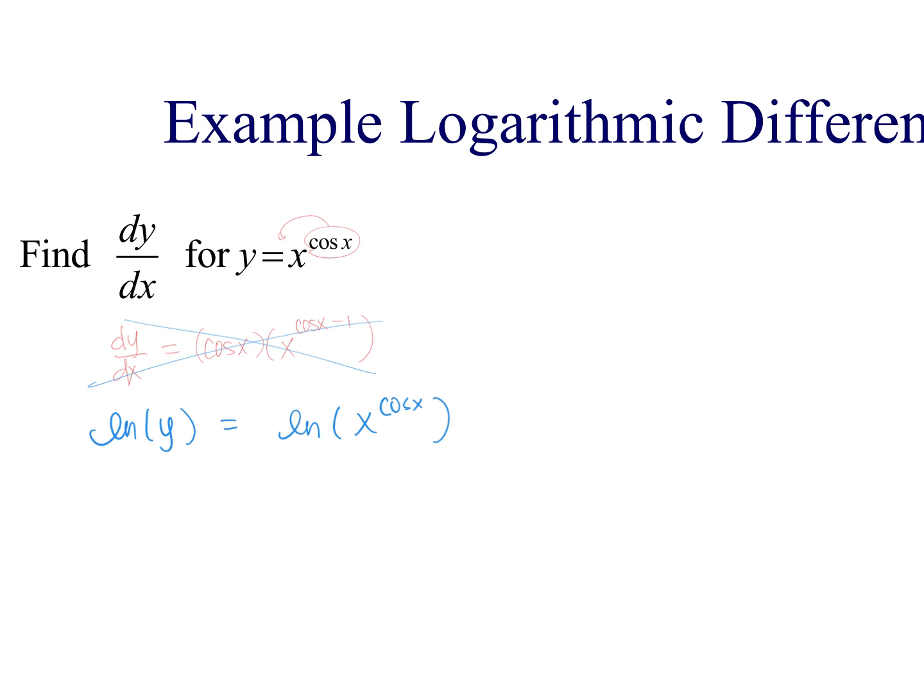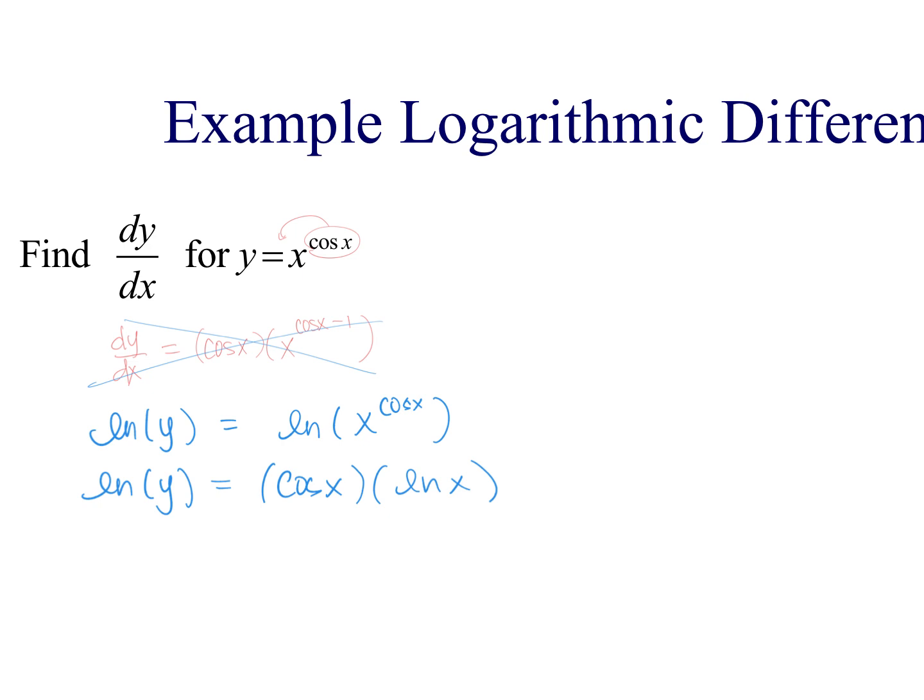Now you go through and you apply the rules that are true in logarithms. Now you can pull the cosine of x to the front because that is a property of logs. So now I can have the cosine of x in front of the natural log of x. So I've created for myself a product.